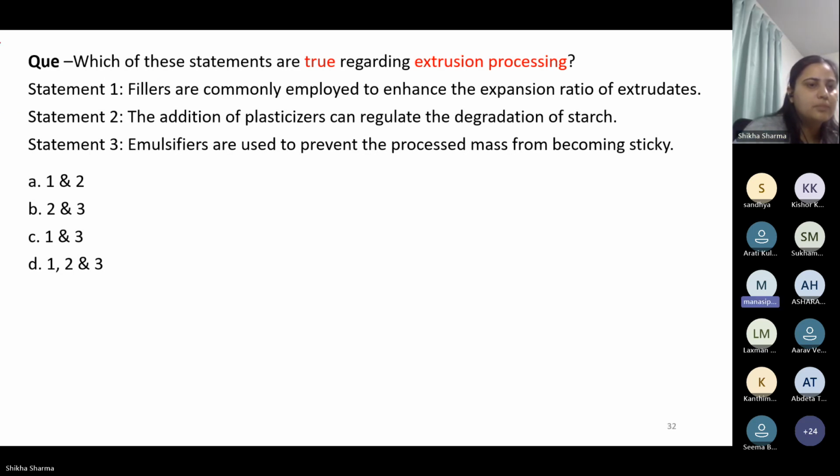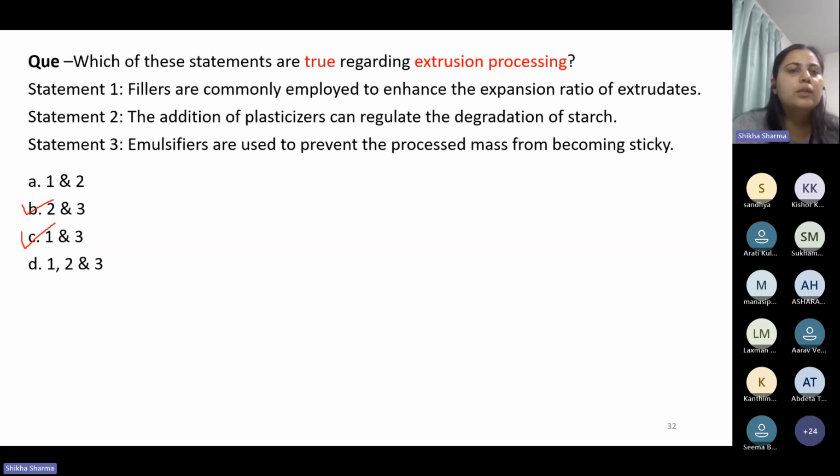Option C. Anyone else? Anyone? D. So one is saying B also.